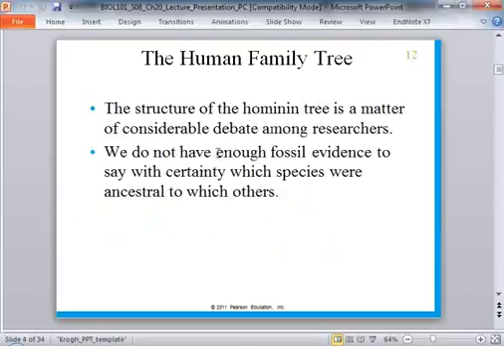And keep in mind that this is subject to a great deal of debate. And the reason for this is we don't have time machines. We just can't go back in time and see what was going on with these different organisms. What we're left to do is interpret the fossil evidence.